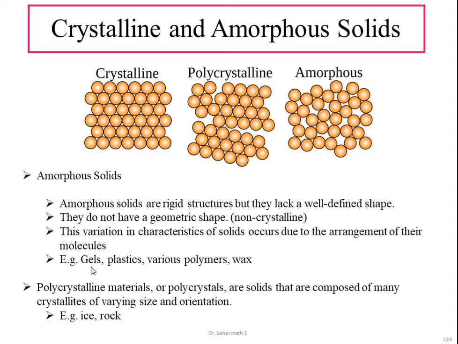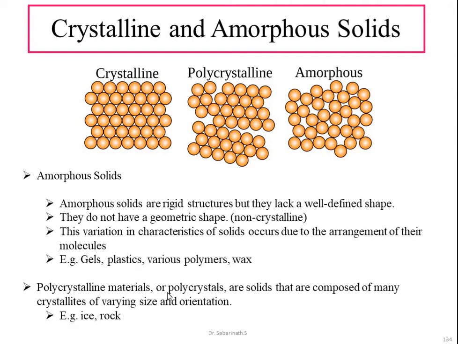Examples of amorphous solids are gels, plastics, various polymers, and wax. They are somewhat soft, do not possess a particular shape, and can be easily molded.